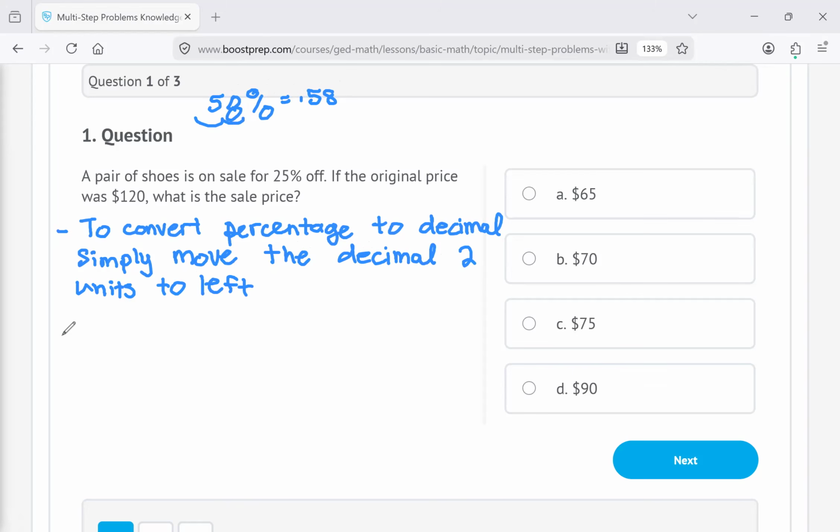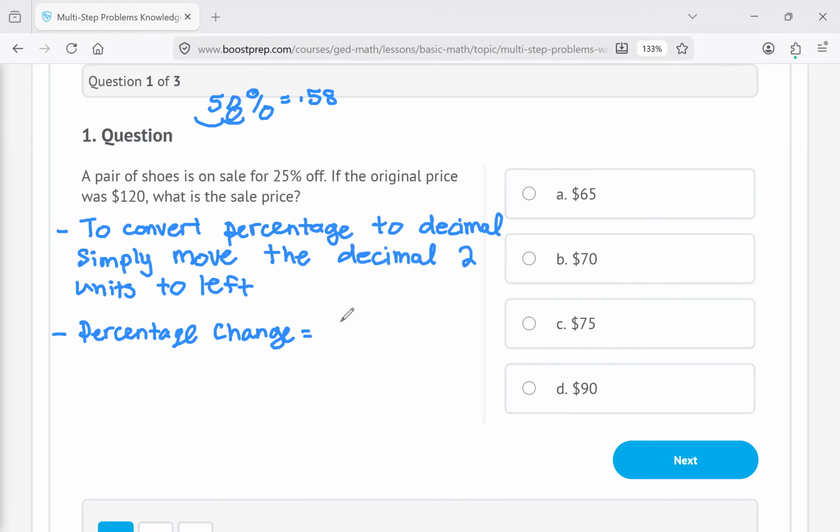And then here you also need to know the percentage change formula. So they want to know the percentage change.